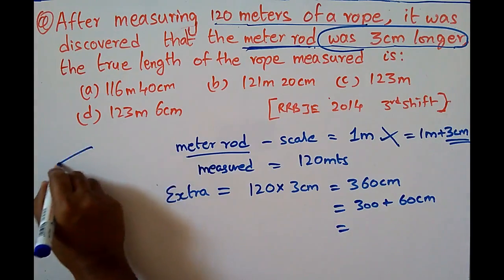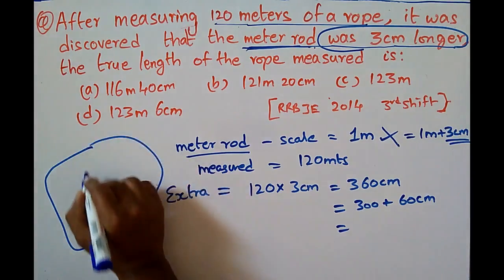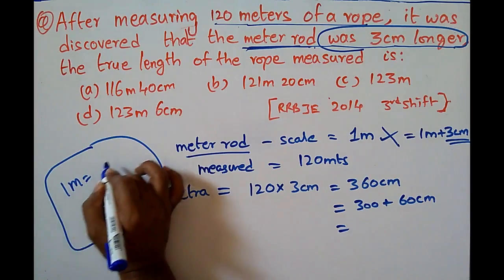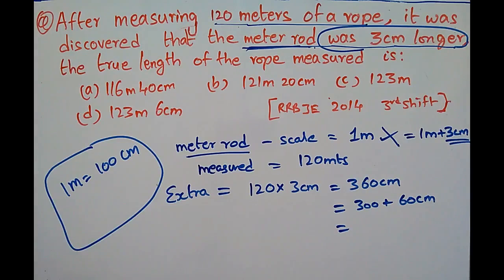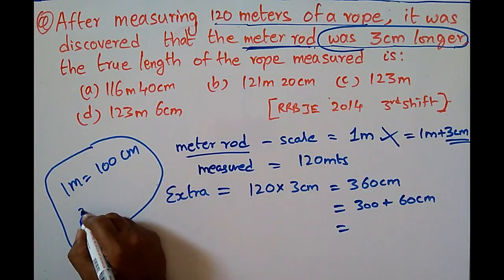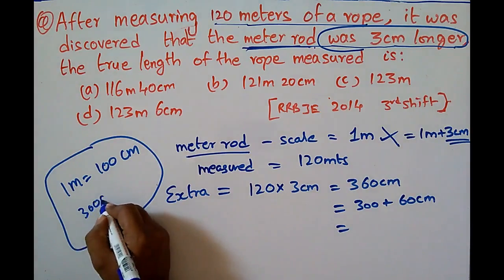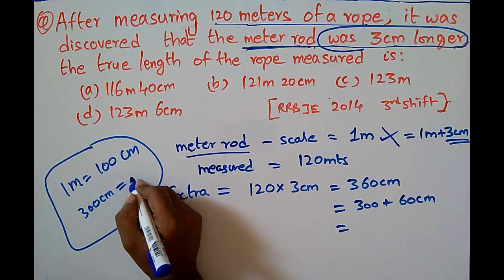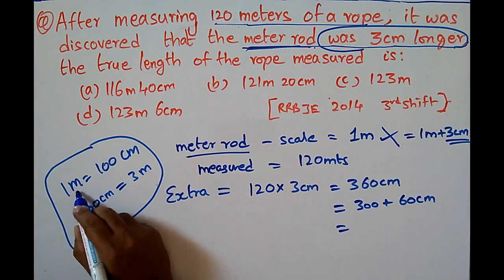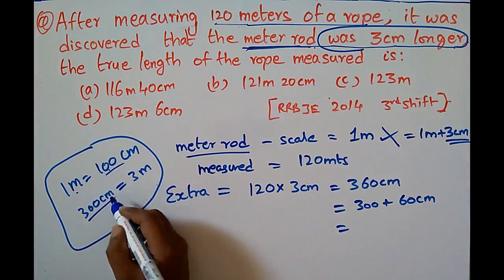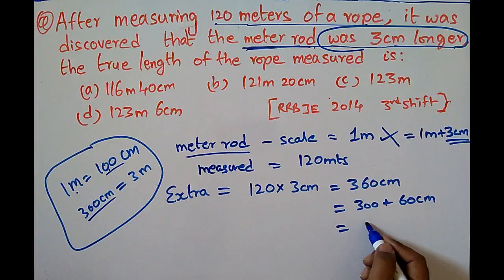You have to remember that 1 meter is equal to 100 centimeters. So 300 centimeters is equal to 3 meters. Am I right, friends? 1 meter is equal to 100 centimeters. 300 centimeters equal to 3 meters.